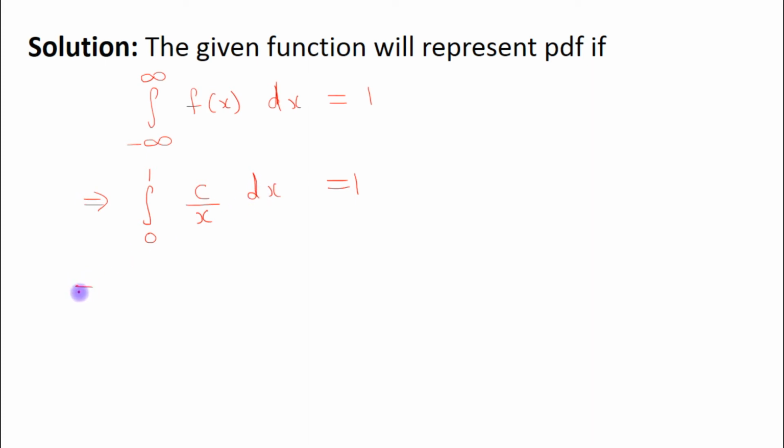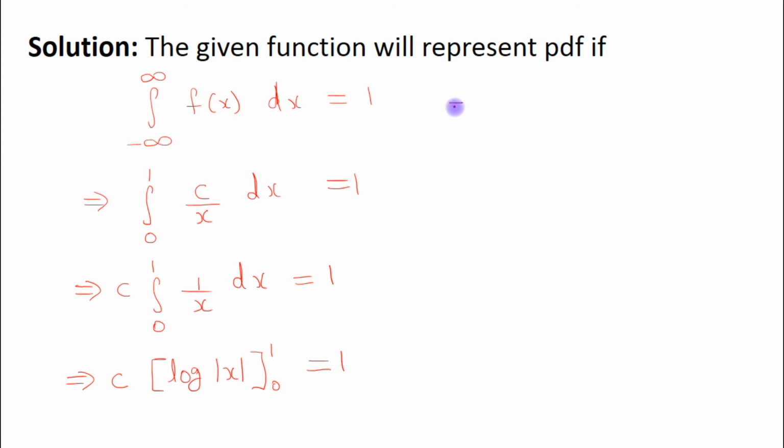In the next step, c times the integration from 0 to 1 of 1 by x dx equals 1. The integration of 1 by x will be log x, from 0 to 1, equals 1.